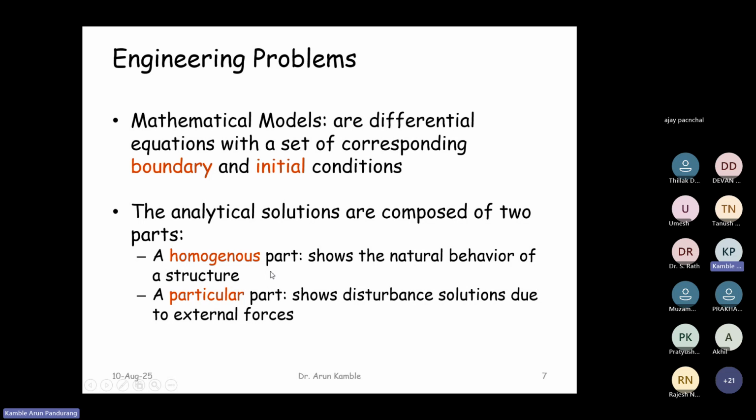The first is the homogeneous part, which shows the natural behavior of the structure, and the second is the particular part, which shows the response to the external forces. A homogeneous differential equation gives the homogeneous solution, and a non-homogeneous differential equation gives the homogeneous plus the particular integral solution.